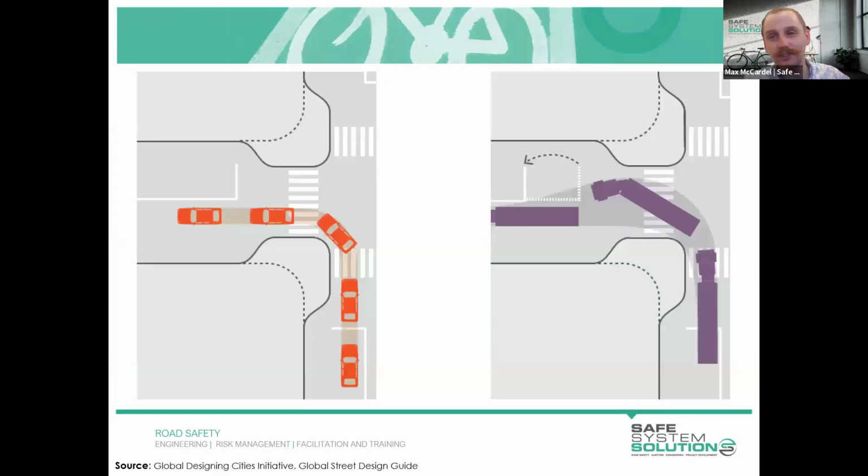I wanted to just mention that it's quite common as part of protected intersection designs, you do your swept path checks for your heavy vehicles and make sure that all those turning movements can still be facilitated. It's also quite common to have to move back the hold line.